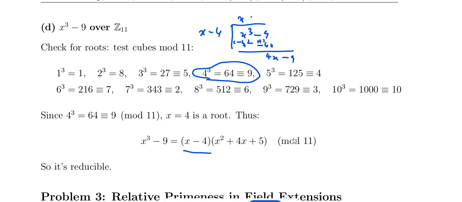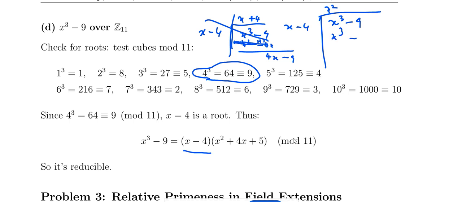Once again, 4x into x is 4x square, that is minus 16x.